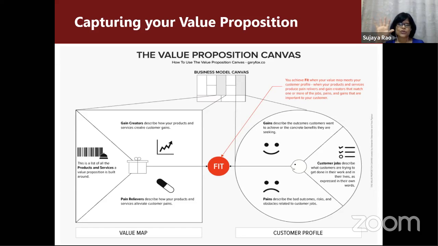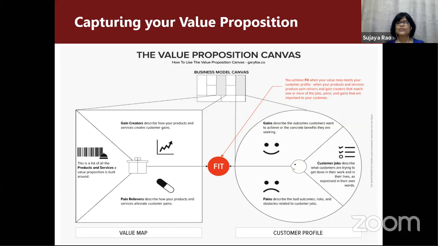My prototype is only going to be for these 3 or 4 pain points of the customer. Rest of it, I will do a little later once I'm able to set up business and make this a success first. So the selection and prioritizing of those customer jobs is also very important, for which your research has to give you the right kind of data.